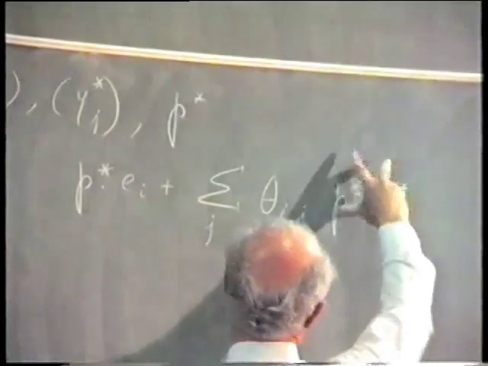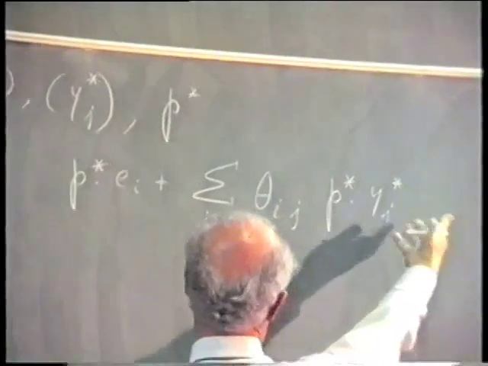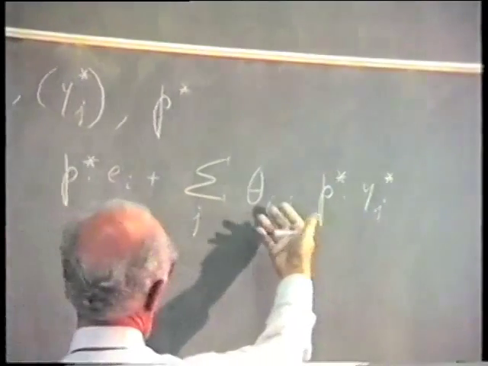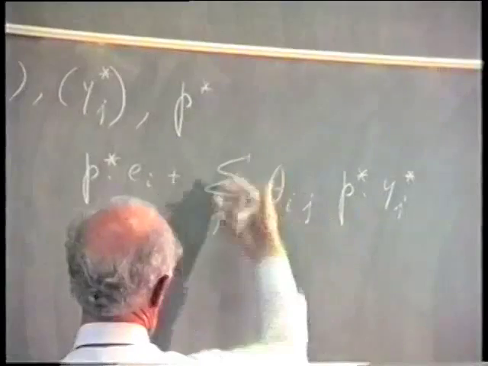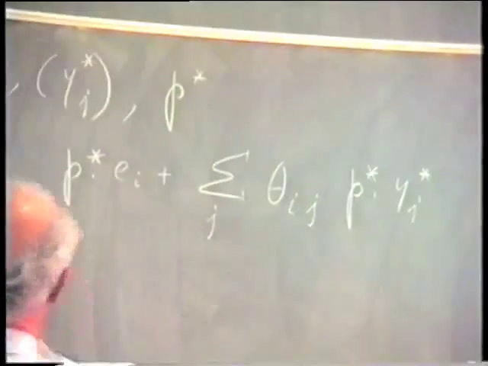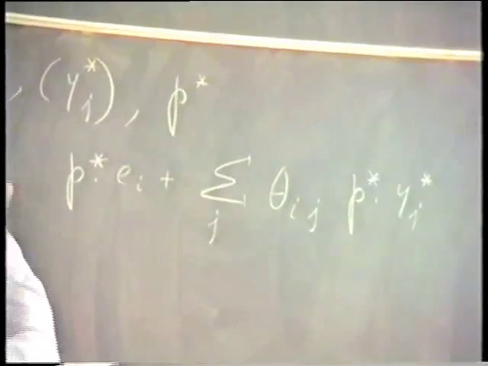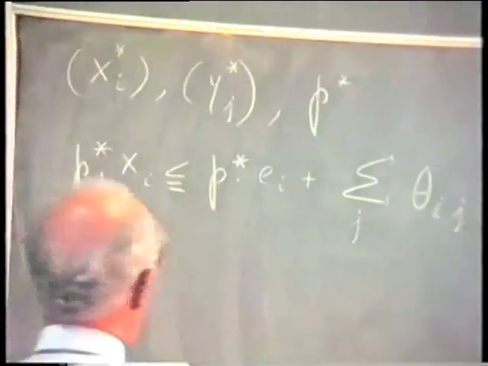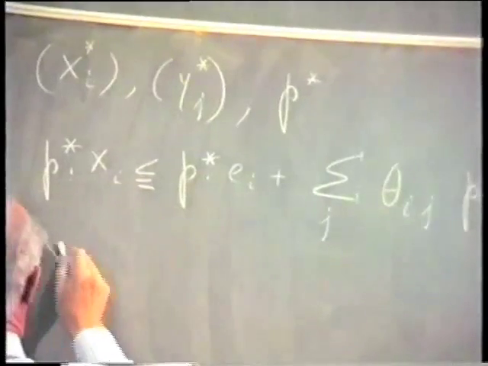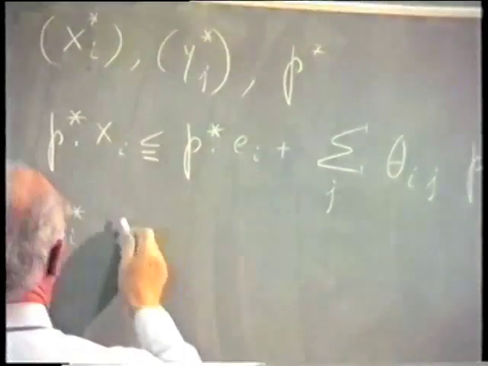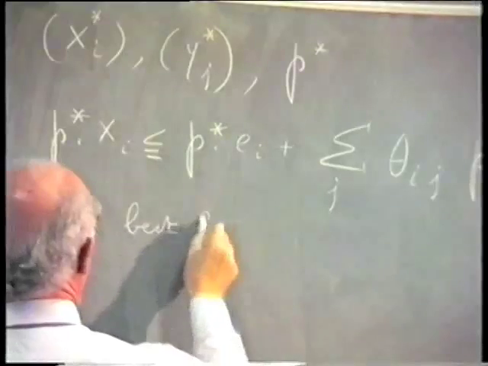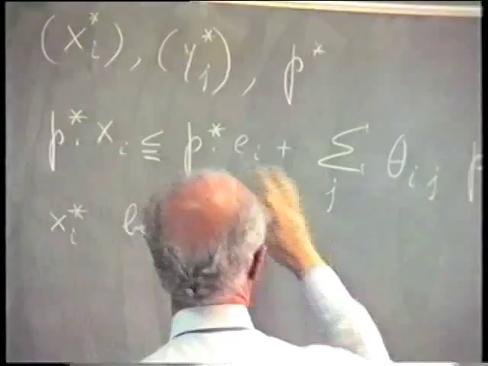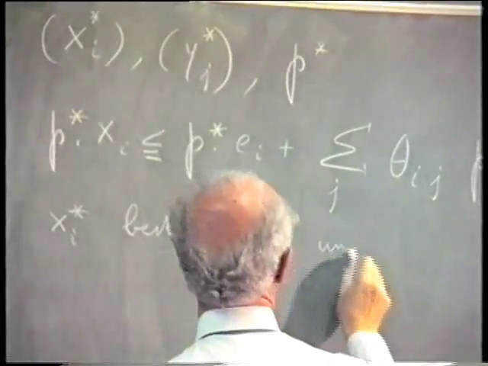Then the profit of the jth producer is this number, and the share going to the ith consumer would be theta_ij. If you sum over all producers, this is it. And so the ith consumer must satisfy this budget inequality, and x_i star must be best for his preferences under this constraint.